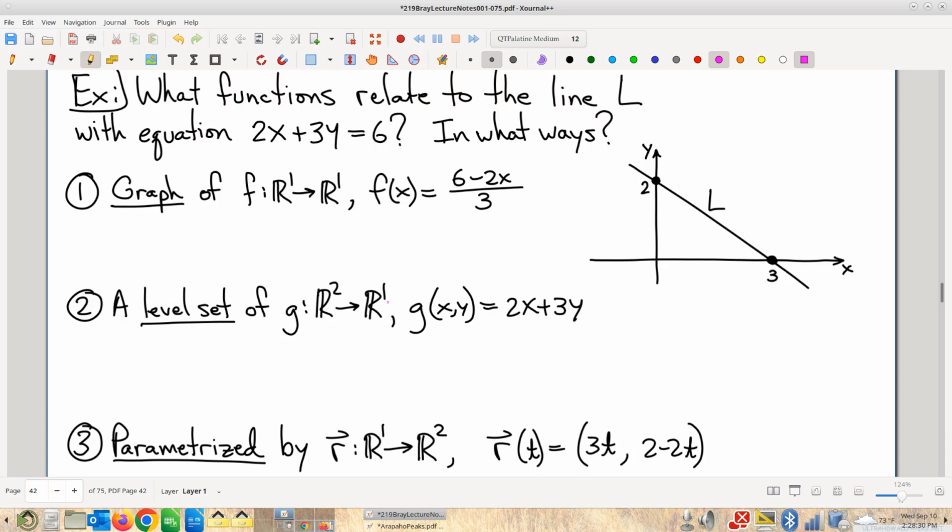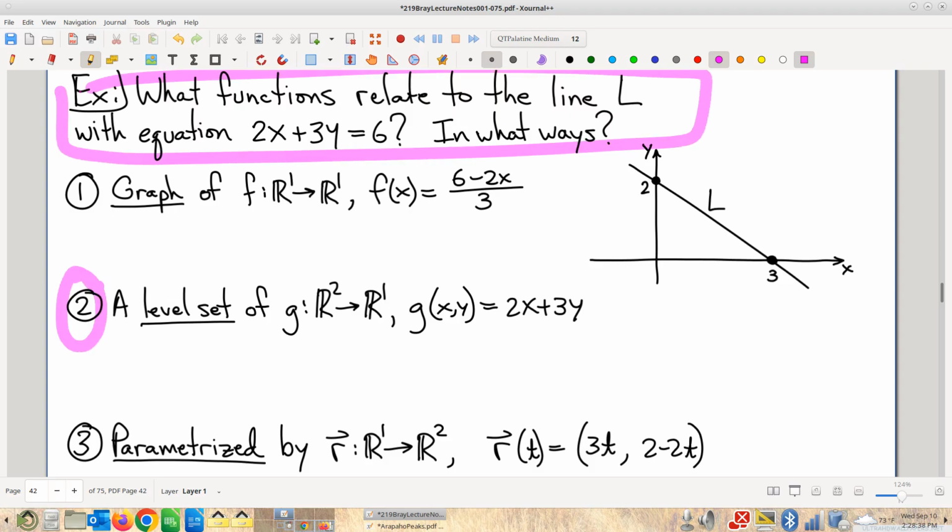It's unfortunate, but if I were to ask, let's say part 2 here, given that line, what is the function? What is a function for which one of the level sets is this line? And I have seen students answer that function.